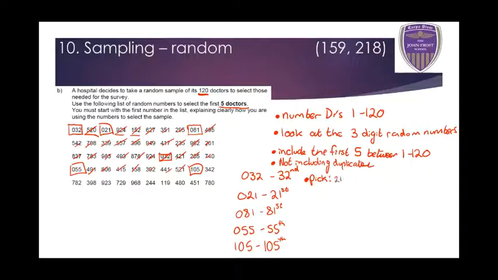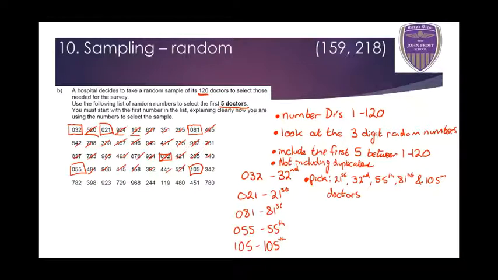We're going to pick the 21st, 32nd, 55th, 81st, and 105th doctors. We stop there because we only wanted 5 doctors. We've got our 5 doctors, so that is our random sample of 5 doctors using a random number table.